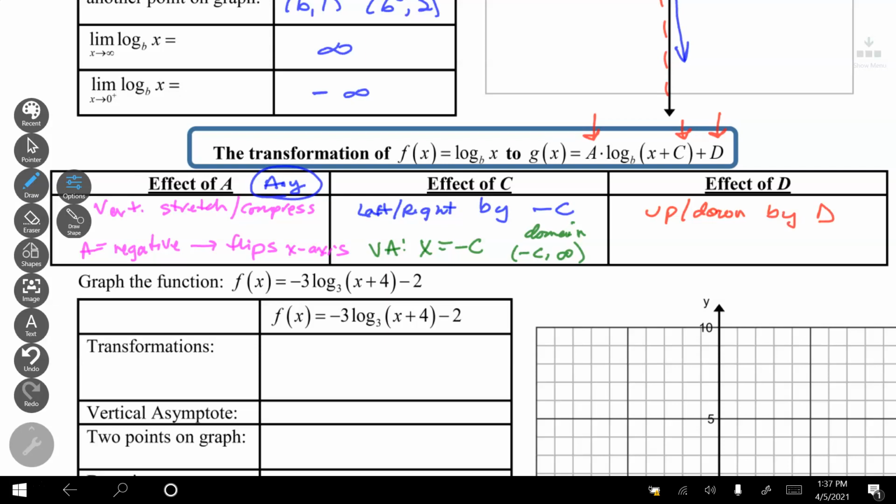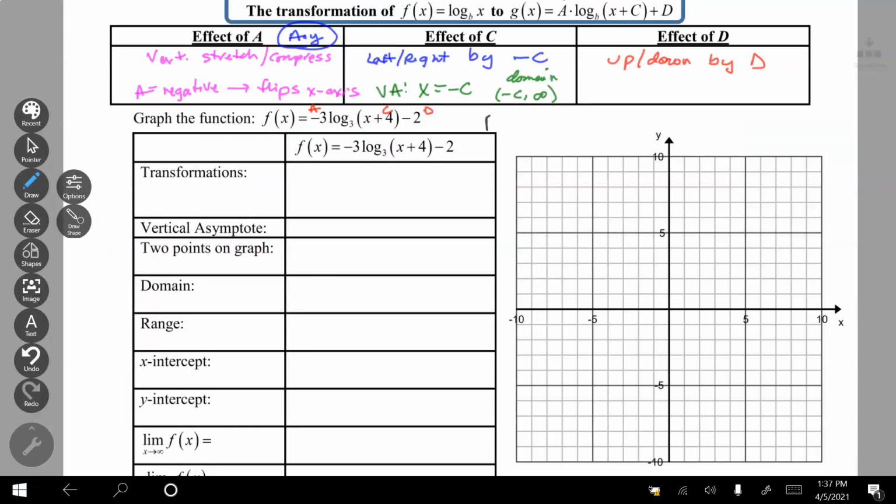So we're going to do an example here. I see I have 3 letters. I have an a, I have a c, I have a d, and I'm going to figure out how I can draw this graph. What I should always do first is draw the parent. So the parent for this graph is y equals log base 3 of x. Because it's base 3, if you're unsure how to find points on this graph, just do 3 to the x.